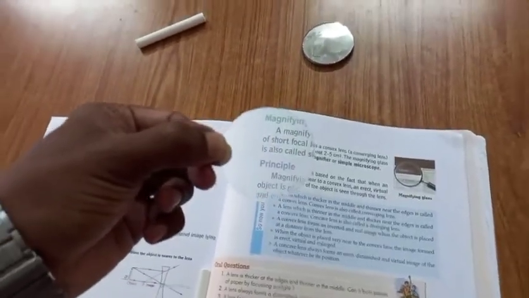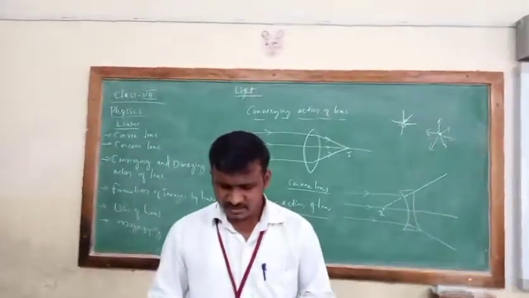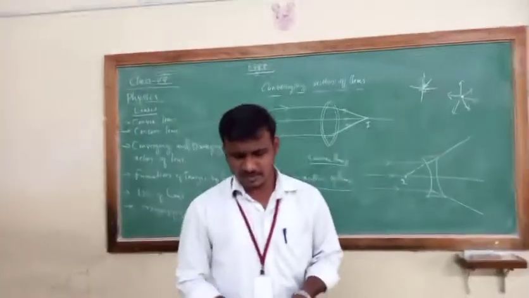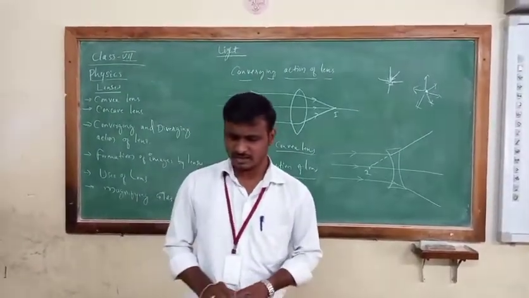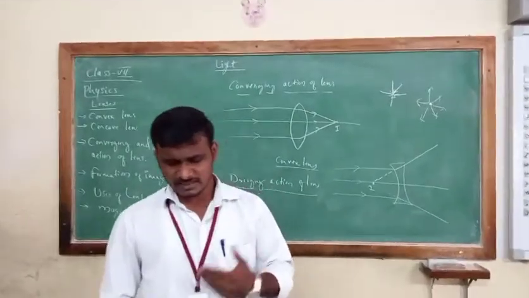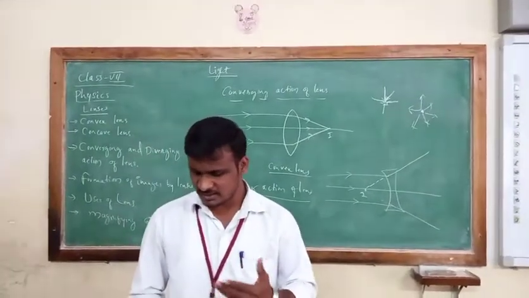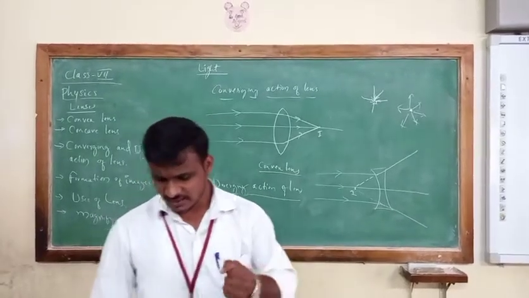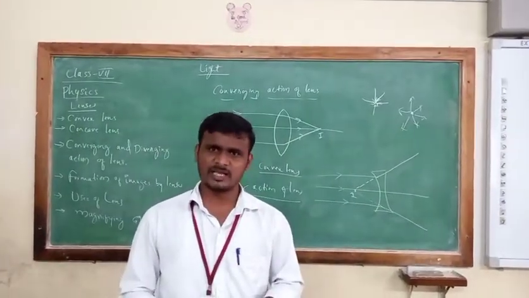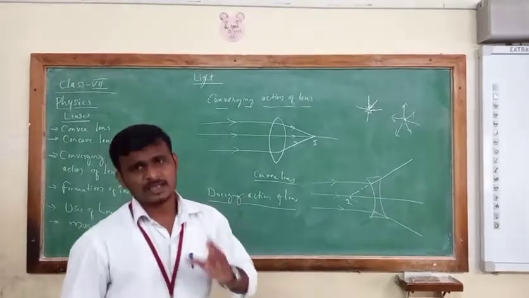This is one of the uses. What happens when you look through the magnifying glass? An enlarged image is formed. So what is the principle of the magnifying glass? It is based on the fact that when an object is placed near a convex lens, an erect and virtual image, an enlarged image of the object, is seen through the lens.